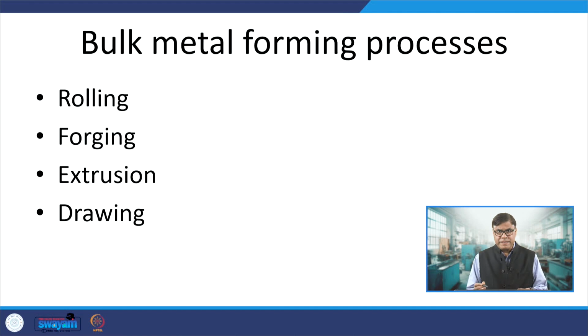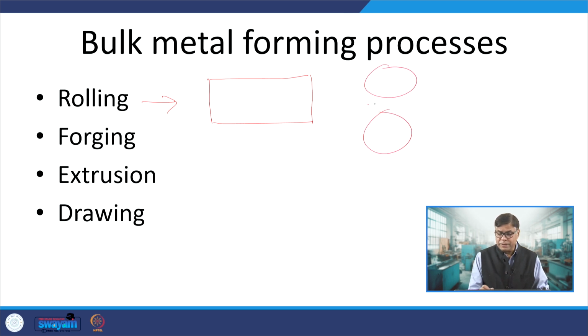Okay, so if we see the bulk metal forming processes, these are the four most common bulk metal forming processes. The rolling is one where the thick section component or thick section stock or the raw material is passed through the two rollers, okay, and that in turn causes the controlled plastic deformation to reduce the thickness.